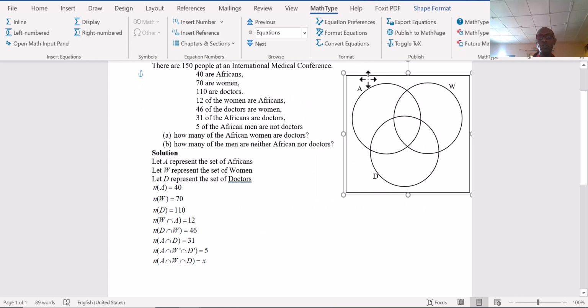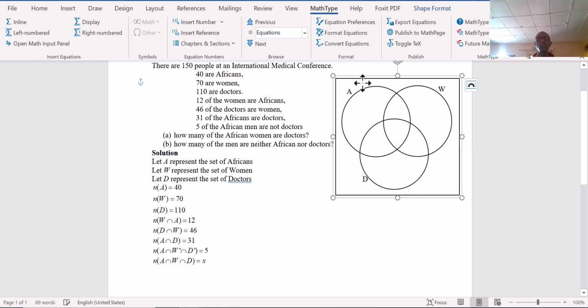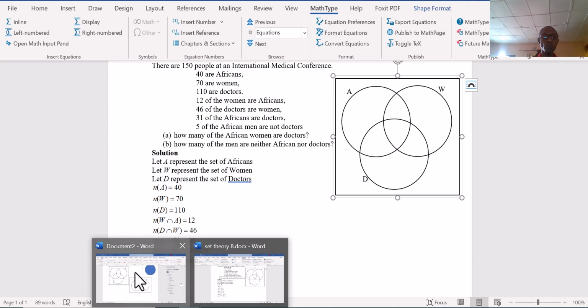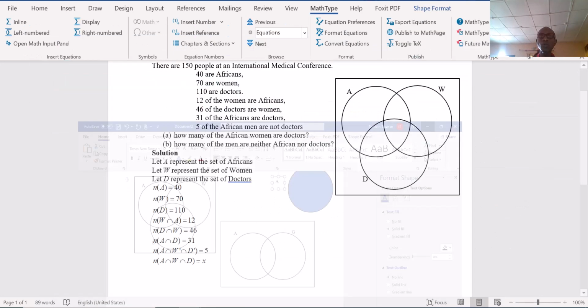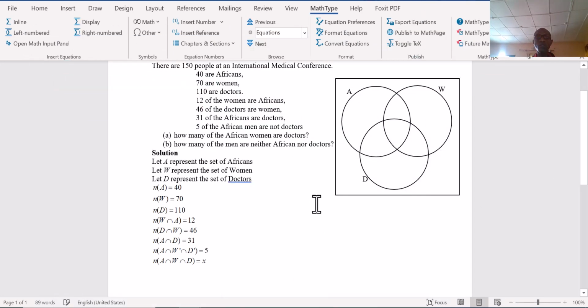So thank God it's out now. I've drawn this Venn diagram to save us time while we are solving. So I'm going to place this, and I'm going to drag this.